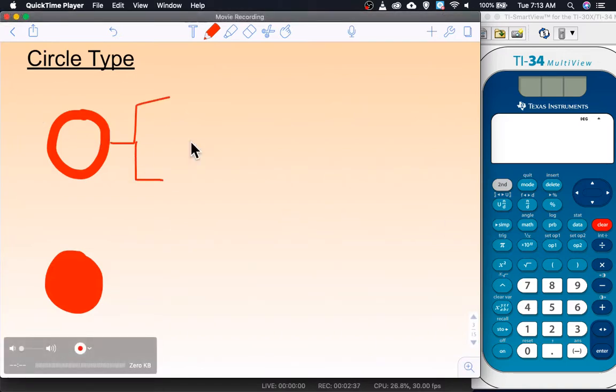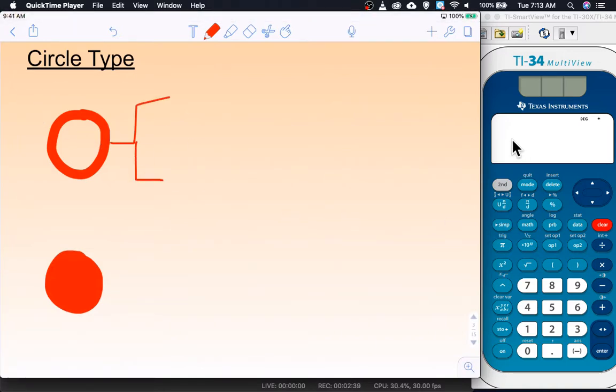The empty dot we're going to use when we have just a less than or a greater than. And again, if this is very confusing right now, this will make so much more sense when we get to the next page and actually do a problem or two.